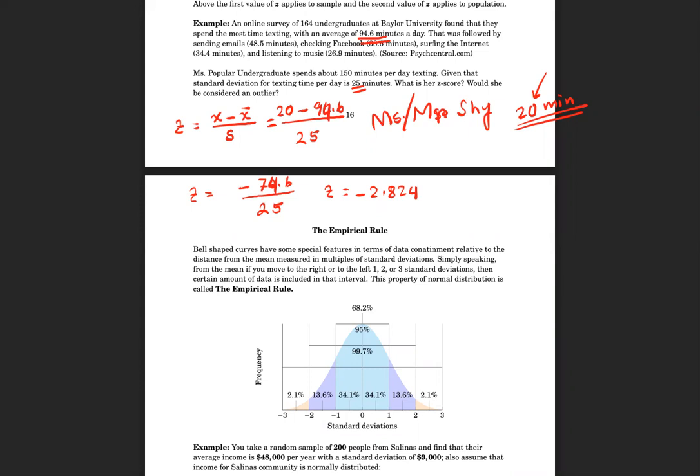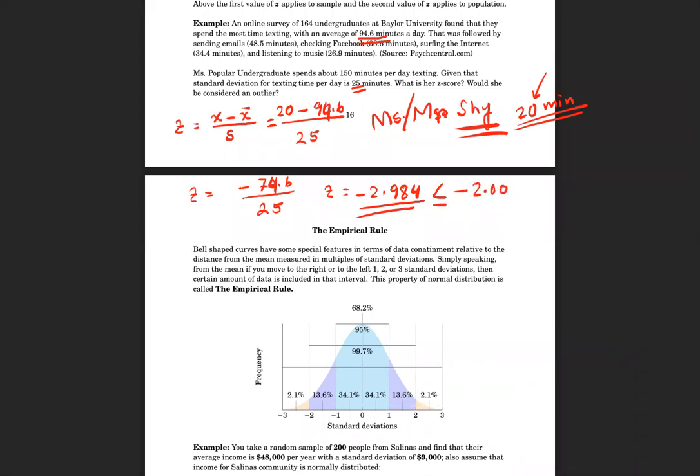So -2.984. Now, would this person, Miss or Mr. Shy, be considered an outlier? The answer is yes, because this number is less than or equal to -2.